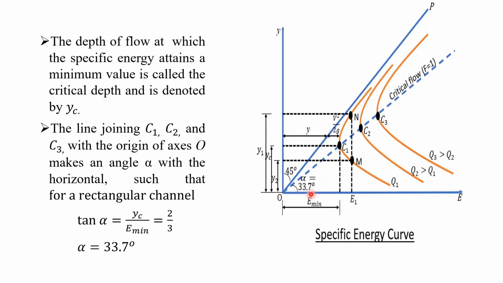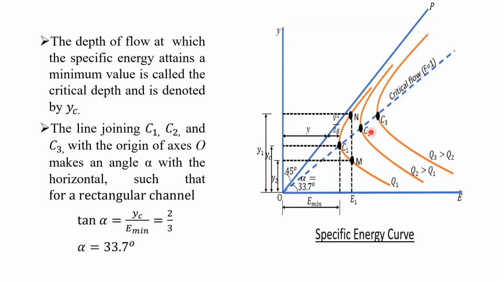The depth of flow at which the specific energy attains a minimum value, meaning for this discharge curve, this point, is called the critical depth and is denoted by Yc.